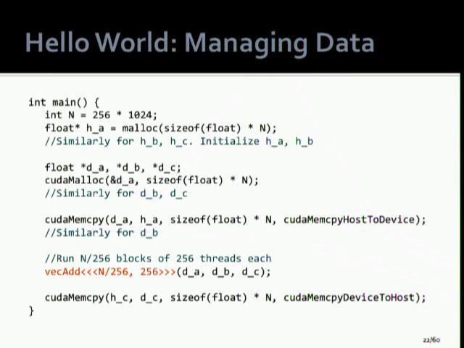We also want to make A, B, and C on the device. And the way we do that is we declare float pointers. They're just float pointers like anything else, but when we call malloc, we're going to call cudaMalloc, where we pass a pointer to the pointer and then tell it how many bytes we want. And that will allocate space on the GPU and return us a pointer that we can then use as an argument to a function that we're going to run on the GPU.